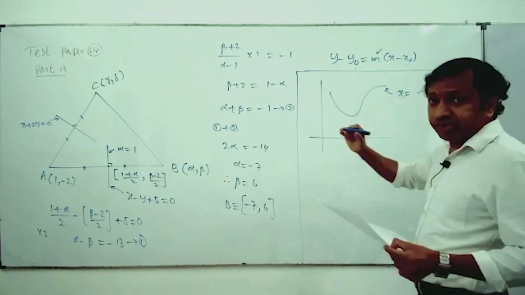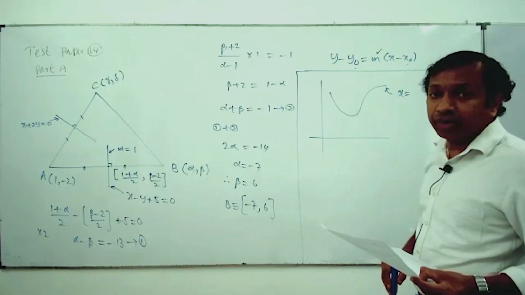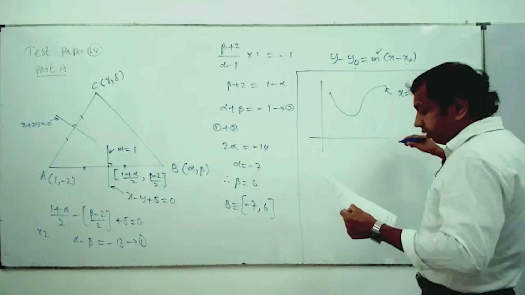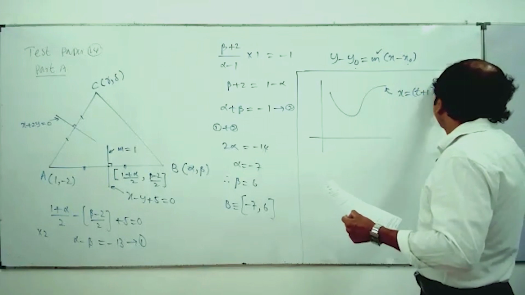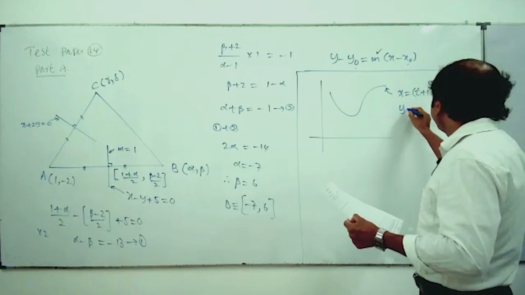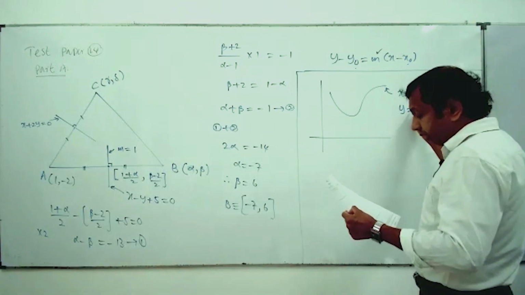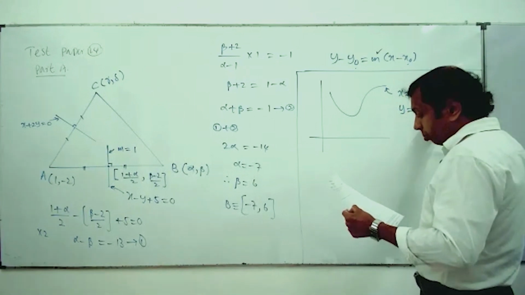That means x is given in terms of a parameter, and y is given in terms of the parameter. That is the parametric form. x is (t plus 1) squared times t, and y is t cubed by 2 plus 3.